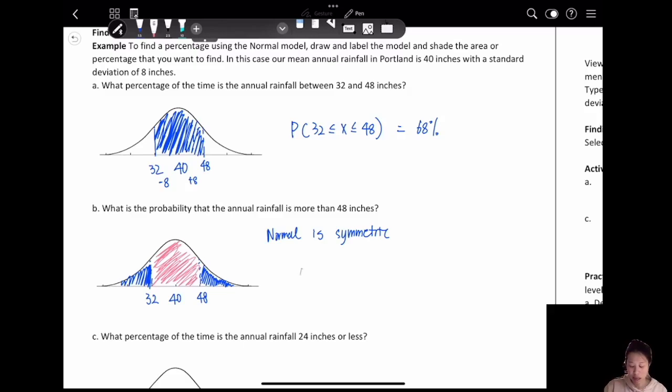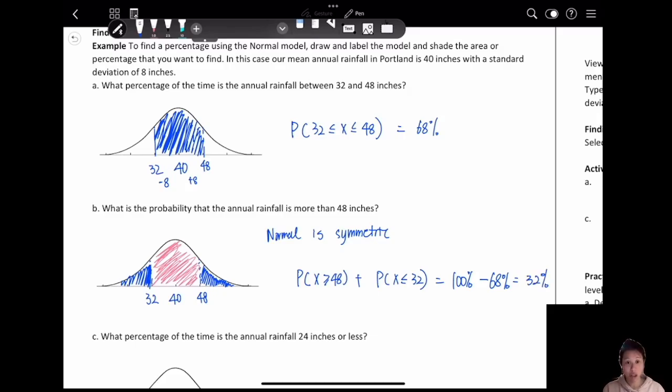That means, let me change the color, the probability of x greater than 48 plus the probability of x less than 13.2 equals the total area, which is 100, subtract the pink part, which is within 1 standard deviation, which is 68%. So this is equal to 32%, right?